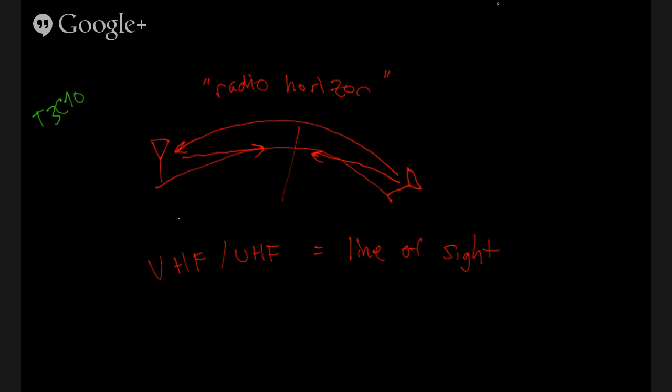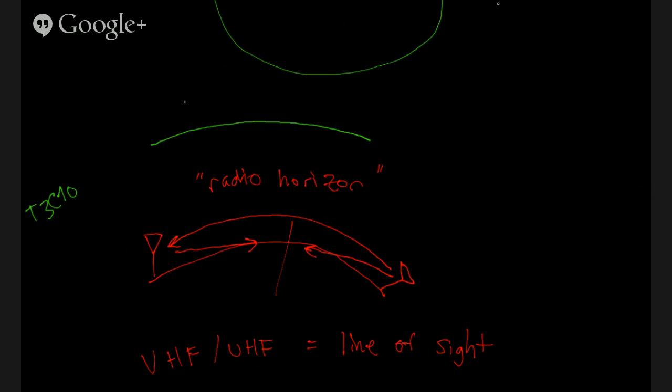But at these frequencies, the Earth is slightly less curved to the radio waves than it is to light. So generally light will be blocked by the curvature of the Earth before radio waves will on VHF and UHF frequencies.